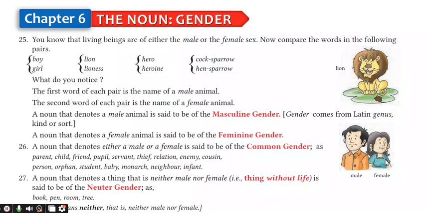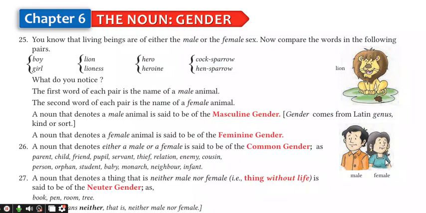For example, parents can be both, but if I say parent, it means a male or female parent, mother or father. Child here is showing common gender. We cannot specify; when we say child, it can be male or female.